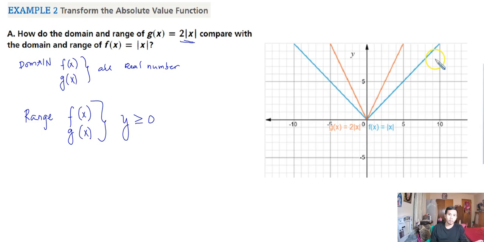So everything is on the positive portion of y. That's why y must be greater than 0. However, we put the domain for both functions as all real numbers because it expanded from 0 to the left and to the right.